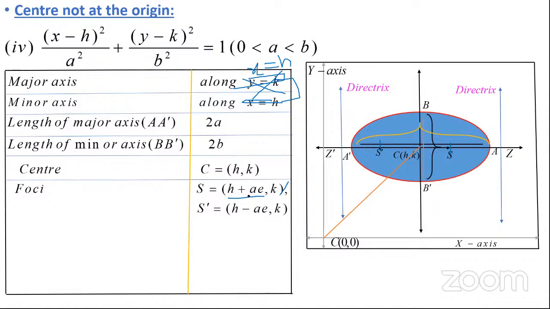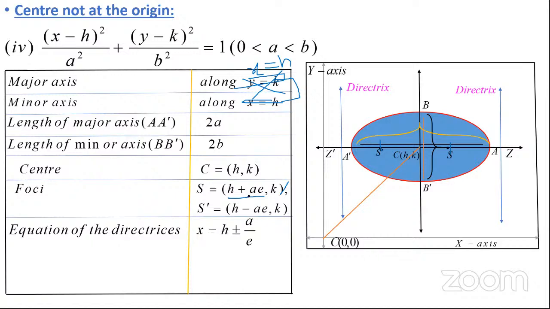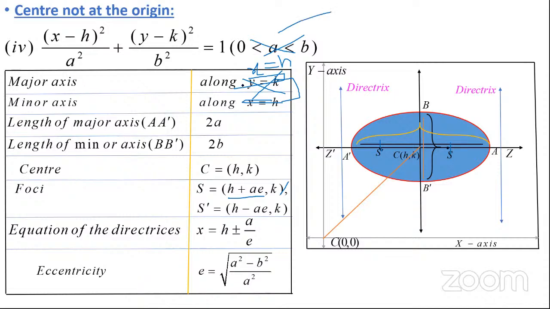First I'm taking S as (h plus ae, k), and S' as (h minus ae, k). Then the equation of the directrix is x equal to h plus or minus a by e, and next the eccentricity is the root of (a square minus b square) by a square, where a is greater than b. Okay, this is also wrong. So a is greater than b here. Sorry for the mistakes.